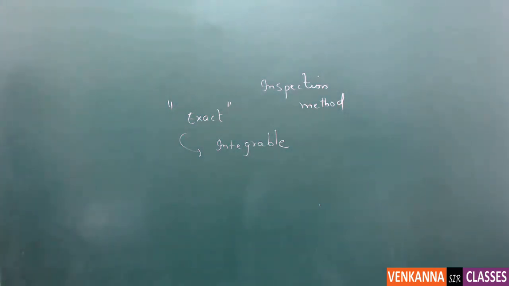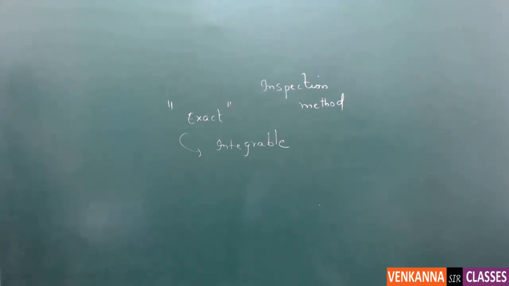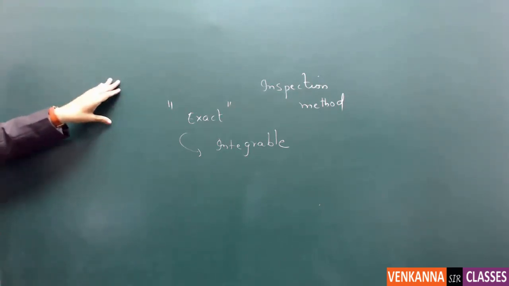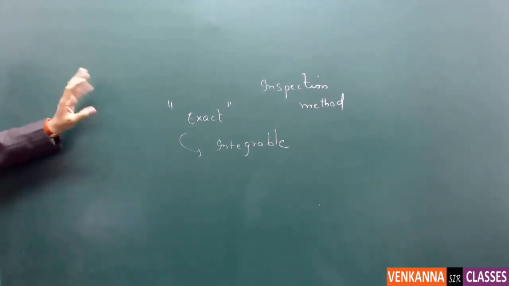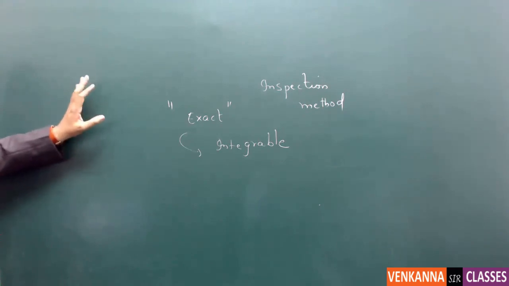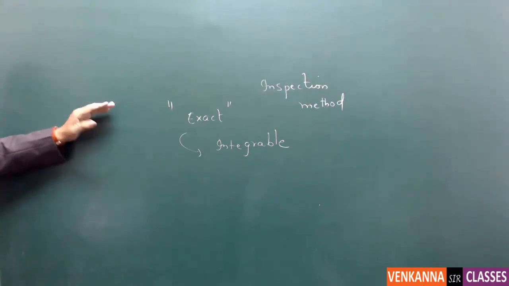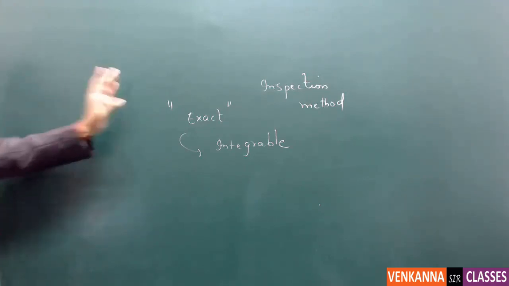The method of inspection says that on observing the terms in the differential equation, by simply rearranging the terms or multiplying, adding, subtracting, dividing the terms of the equation with a suitable function, we represent the given equation as an integrable equation.